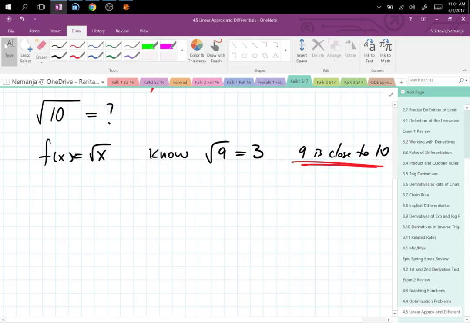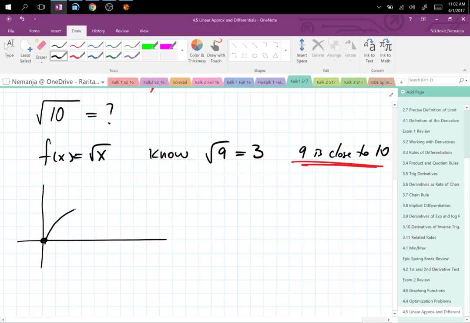So what I'm going to do is find a tangent line to this function at 9, and I will compute 10 in the tangent line instead of in the function. Now, what does this mean? Well, first let me draw a graph.